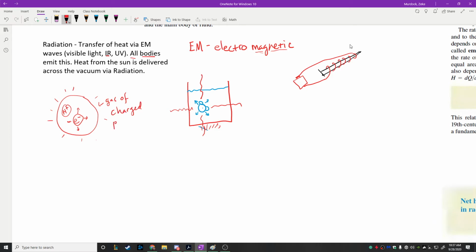and the fact that it's a bunch of charged particles means that it can produce a whole bunch of electromagnetic radiation. If this is the sun, and the Earth is right here, those waves that are coming from the sun are how we heat the Earth up.